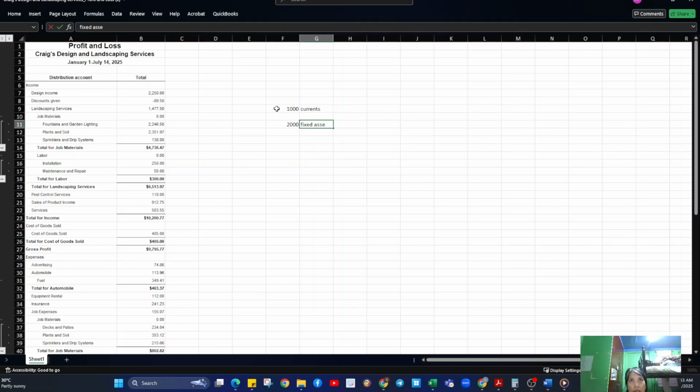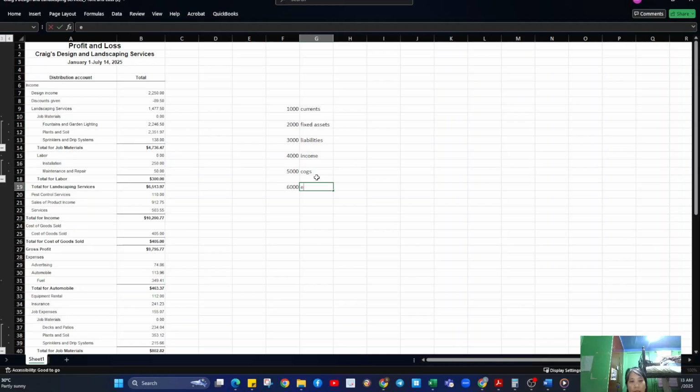All right. And then 3000 for liabilities, and then 4000 for income, and then 5000 for expenses. All right, so if I'm the accountant of Craig, I would put here COGS, and then 6000 for expenses.